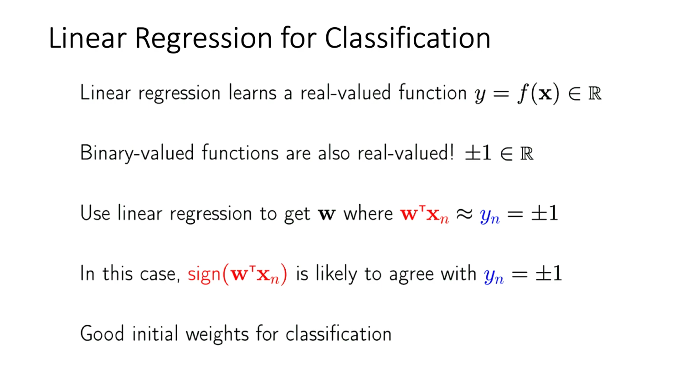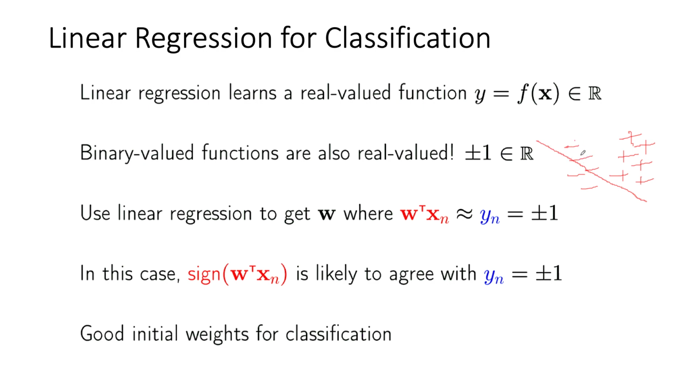So say if you had these pluses and these minuses, and then you were to apply PLA, it would have a start perhaps here, and then it would find, oh, I have this misclassification here.